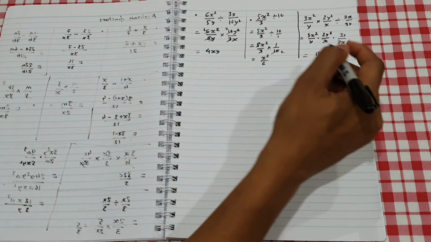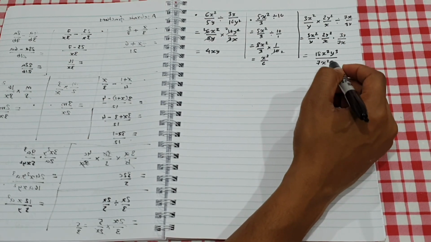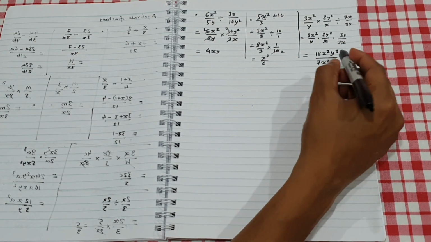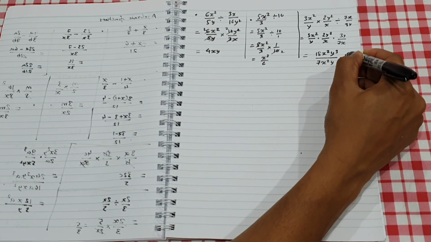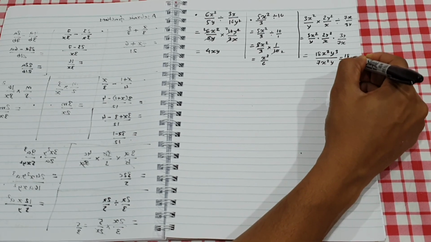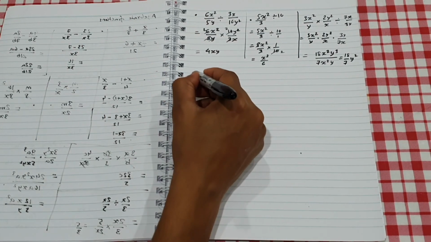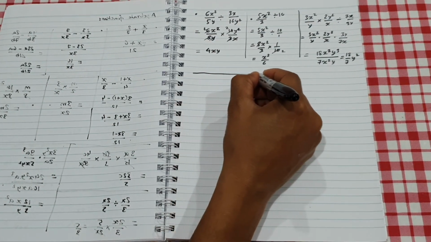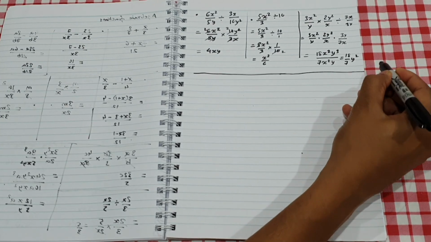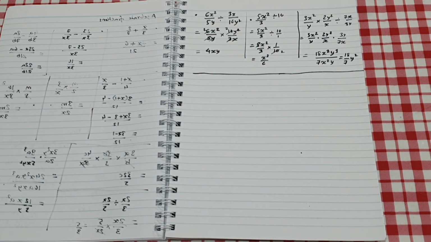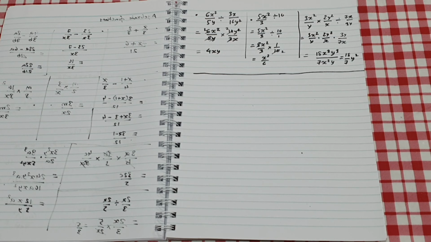Okay, now x square gets cancelled, y gets cancelled with y's cube, so you're left with 18 by 7 y squared. That is your answer after you've done all the calculations. So these are some examples that I wanted to talk about when we start discussing multiplication and divisions with respect to algebra.